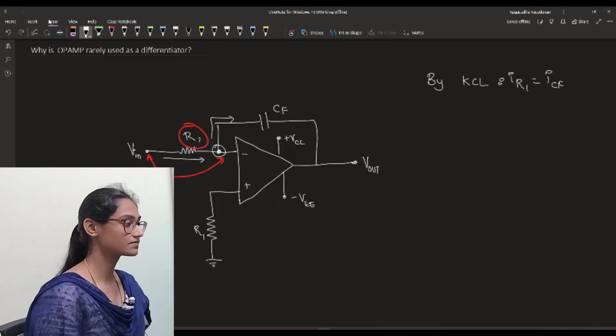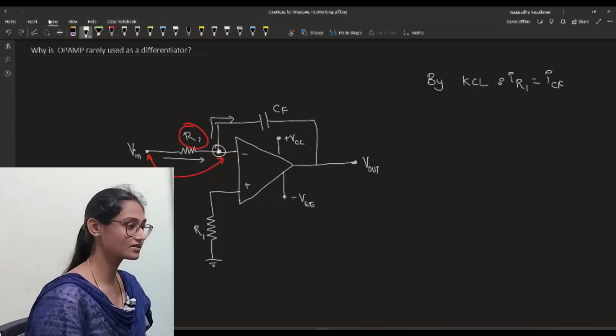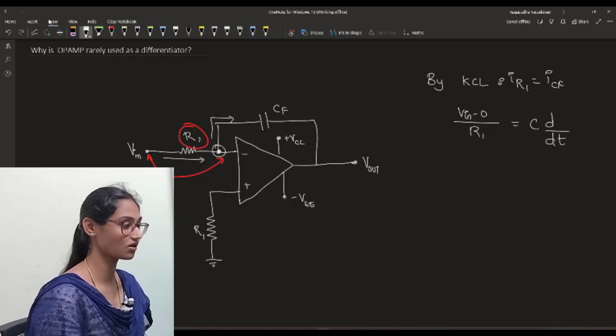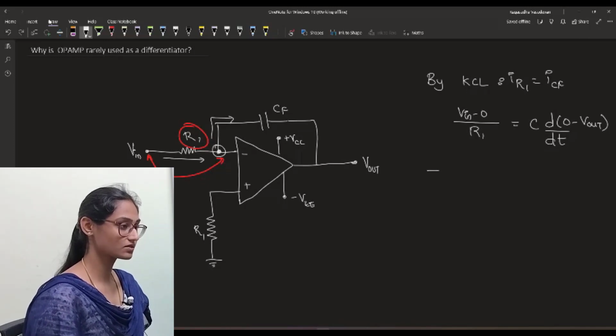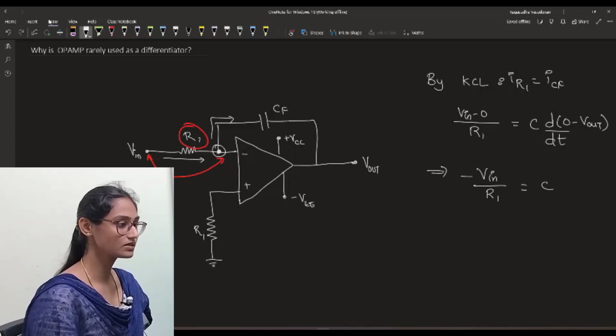So the current through R1 is Vin minus 0 divided by R1, which is equal to C into the differential of the voltage between the ends, which is 0 minus Vout. So this implies that minus Vin by R1 is equal to C into the differential of output voltage.